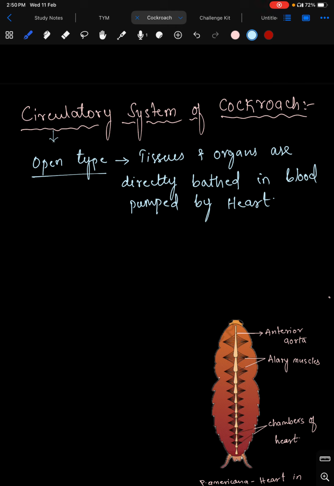This type of circulation is known as open circulation, and here the tissues and organs are directly bathed inside the blood.